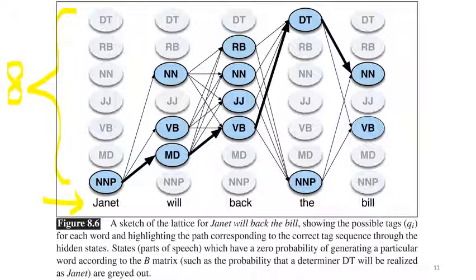What we need to do is find the sequence that gives the highest probability for the tags, given that we see the sentence is Janet will back the bill. So we need to consider all the 8 possible tags for each of the words, and then try to find the best sequence. This is what we're going to do with an HMM.